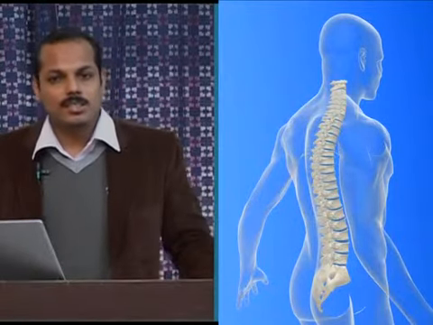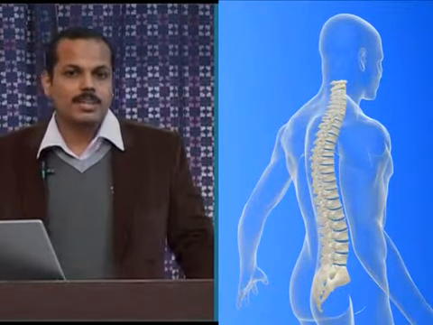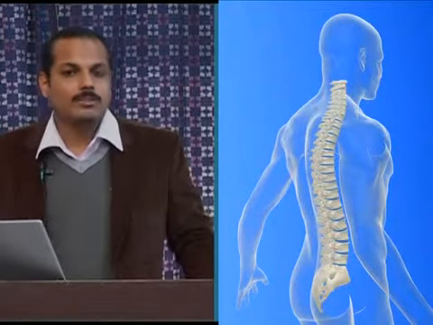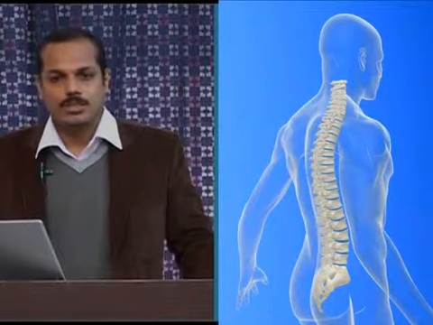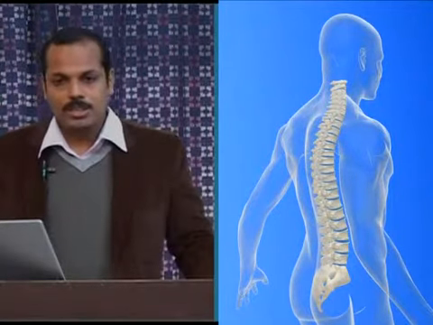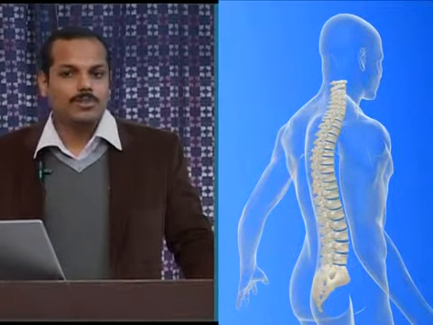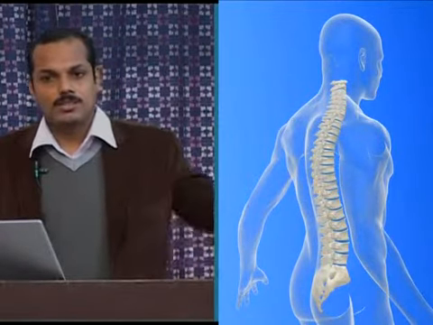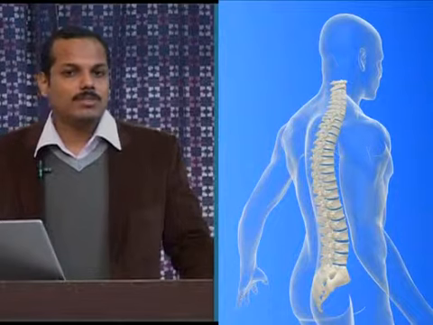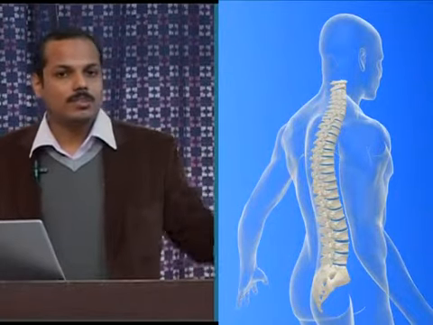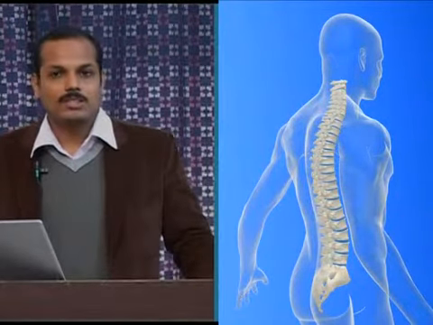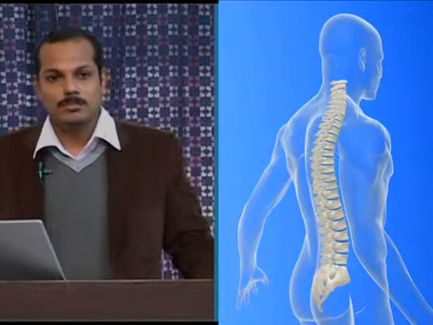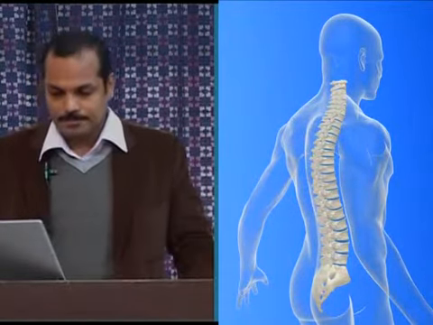The sacral region consists of 5 sacral vertebrae, which are fused together, and the coccygeal region consists of 4 coccygeal vertebrae. So the total number of vertebrae is 33, with around 23 intervertebral discs in between them.